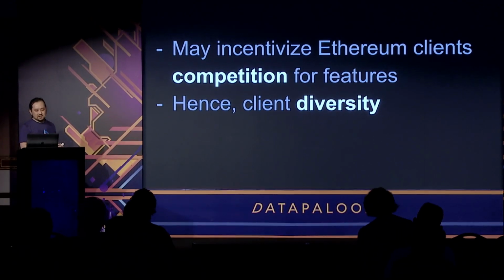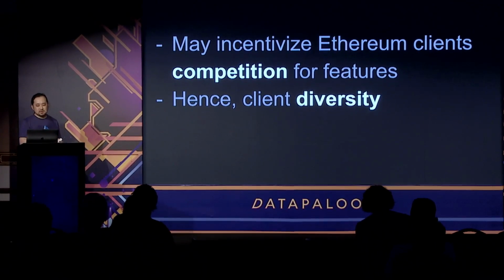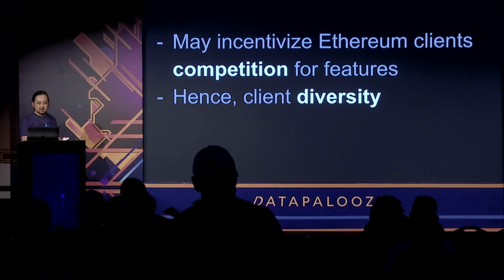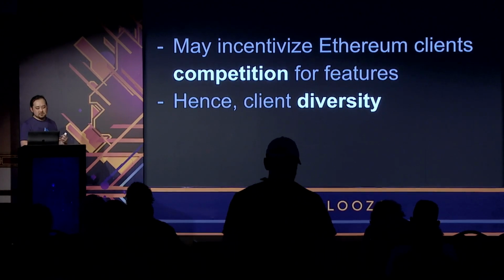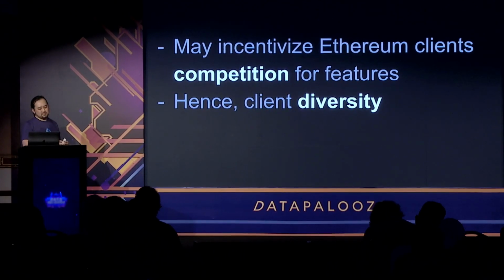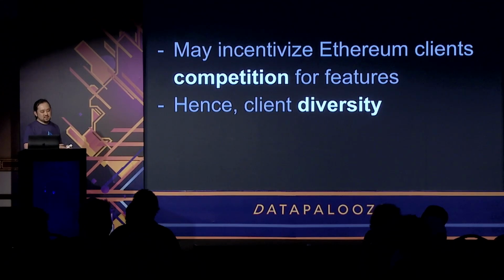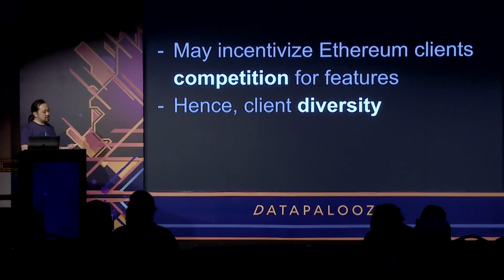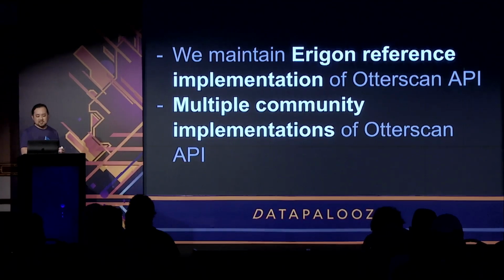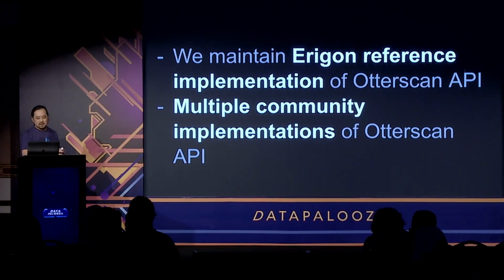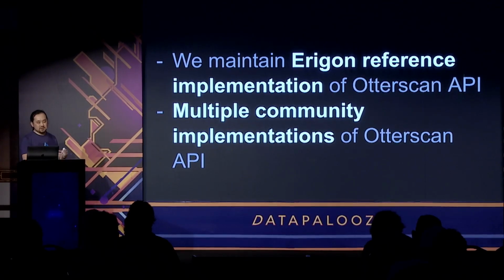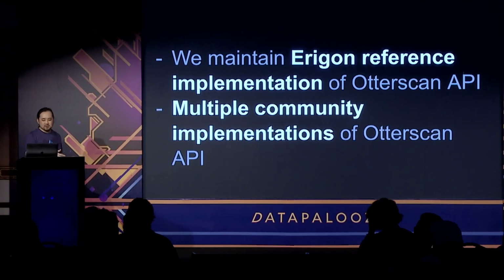And we think that if our APIs are successful, some other clients may be interested in implementing them by themselves, and that would be a good incentive to increase competition and hence increase client diversity on the execution layer. In fact, this is exactly what is happening recently. For Otterscan, we maintain the reference implementation of the Otterscan APIs inside Aragon.